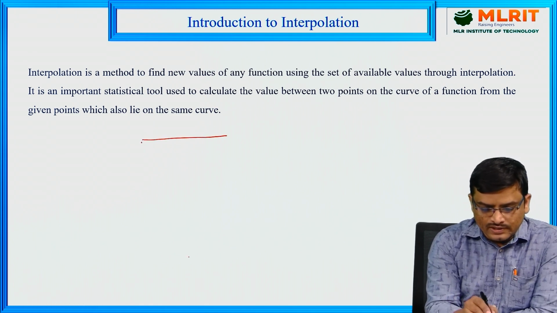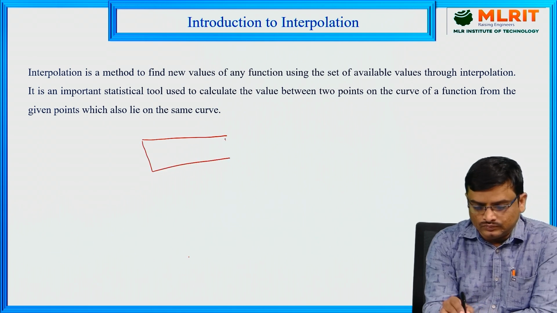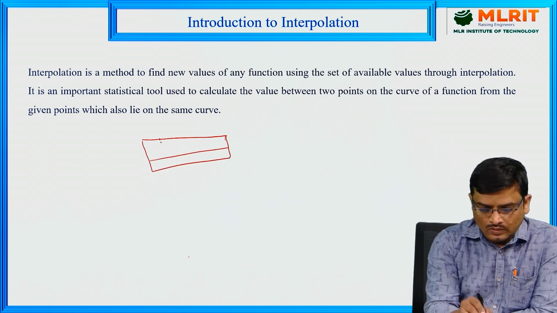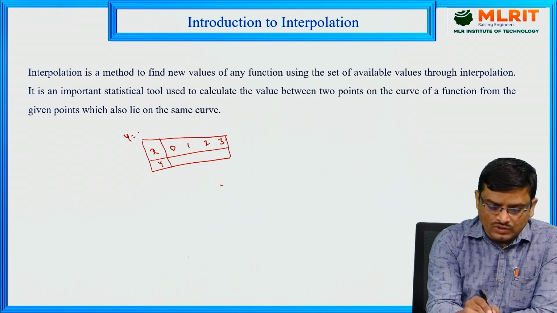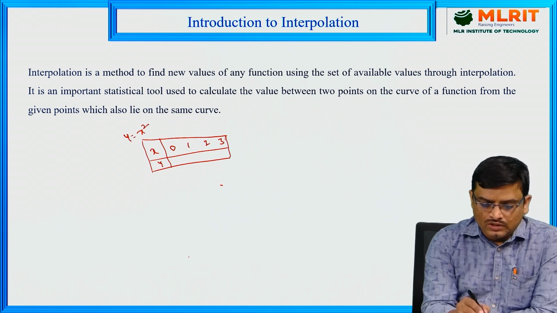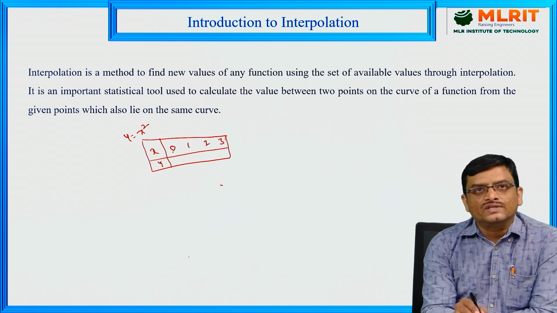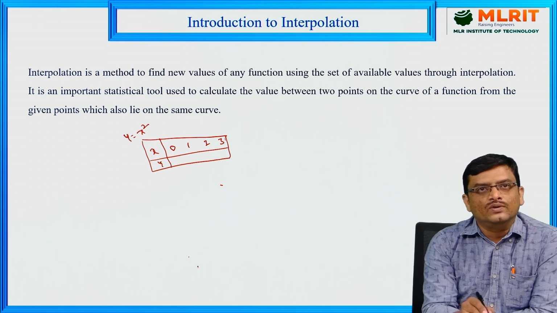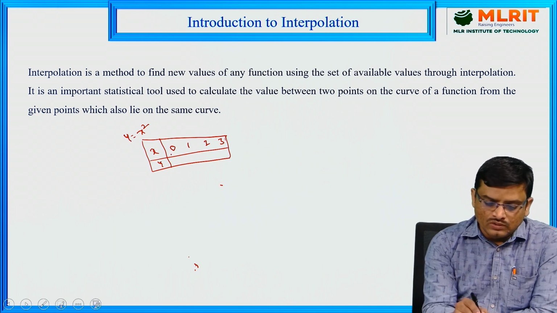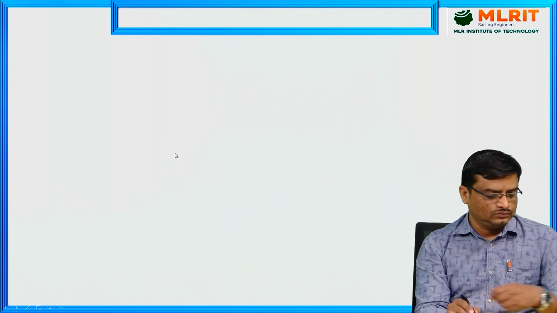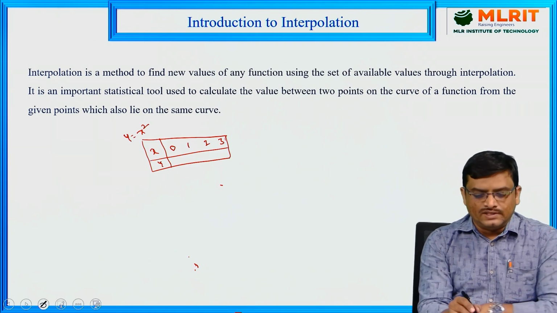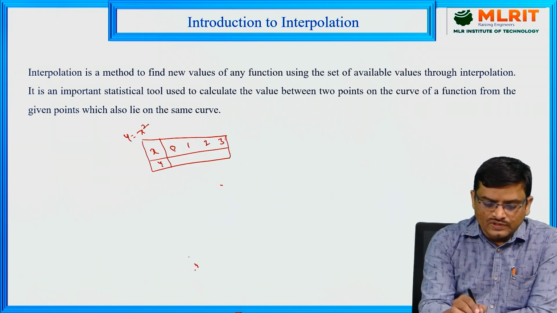So I'm taking this table here. I'm taking x values 0, 1, 2, 3 and y values, with the function y is equal to x squared. Now once you know the value of x here, we can substitute this x value in this relation and find out the value of y. When x is equal to 0, we get y is equal to 0.